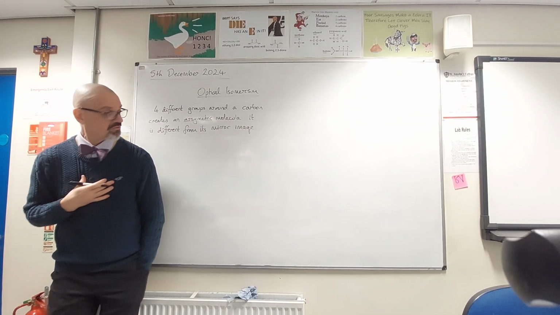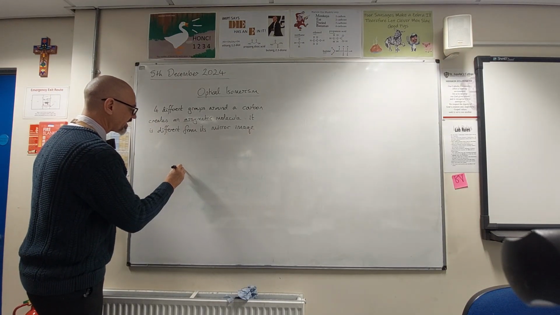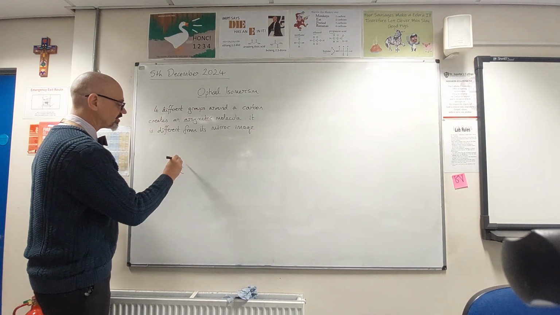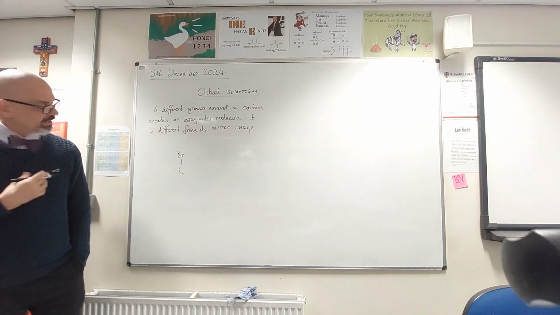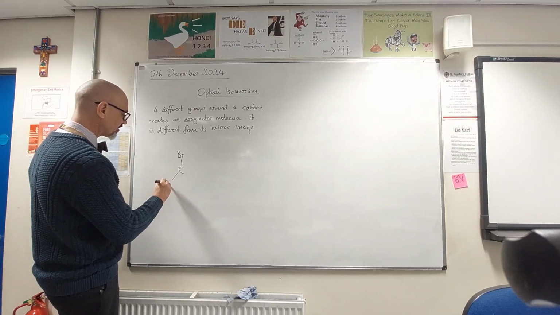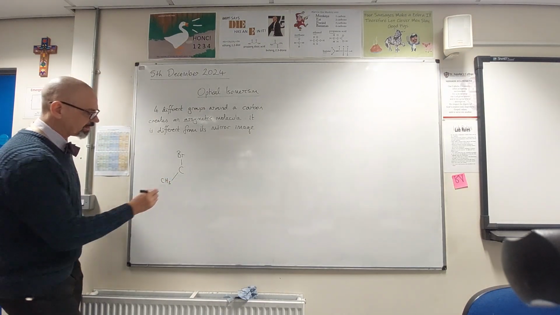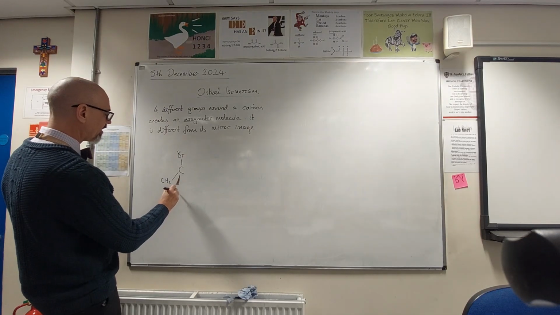So let's have a fairly simple example. If I take a carbon and let's just start by putting a bromine on it, and then we'll have a CH3 over there, and then let's have an ethyl group down here, C2H5. Now let's make it a hydrogen down there.